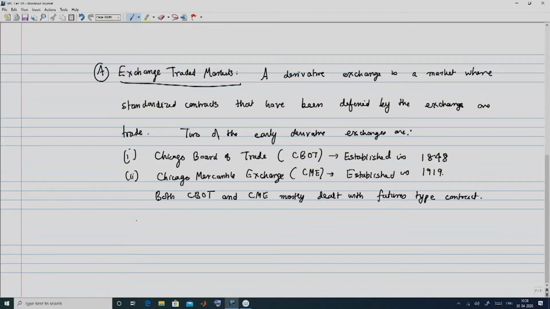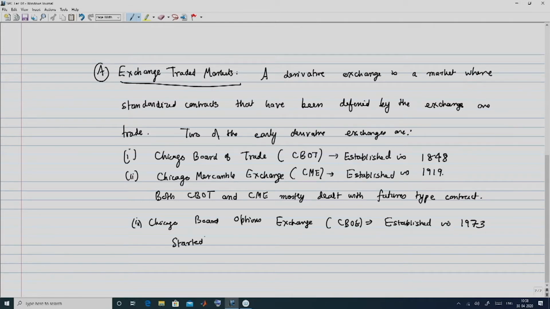So, accordingly, another exchange came up, and this was the Chicago Board Options Exchange, or CBOE, and this was established soon after the Black-Scholes paper came out in 1973. They essentially started trading call options initially.